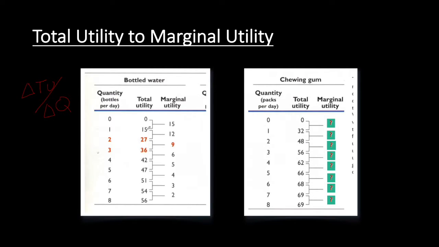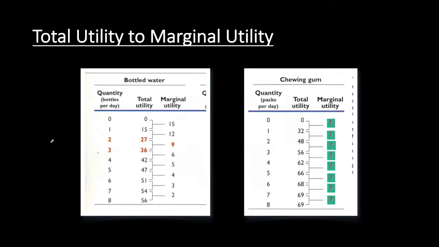As I go from 1 to 2 units, my total utility increases, but my marginal utility now is only 12 because my total utility had been 15, now it's 27. As I go from 2 to 3, my total utility increases to 36, but my marginal utility is only 9. The difference between my total utilities here.